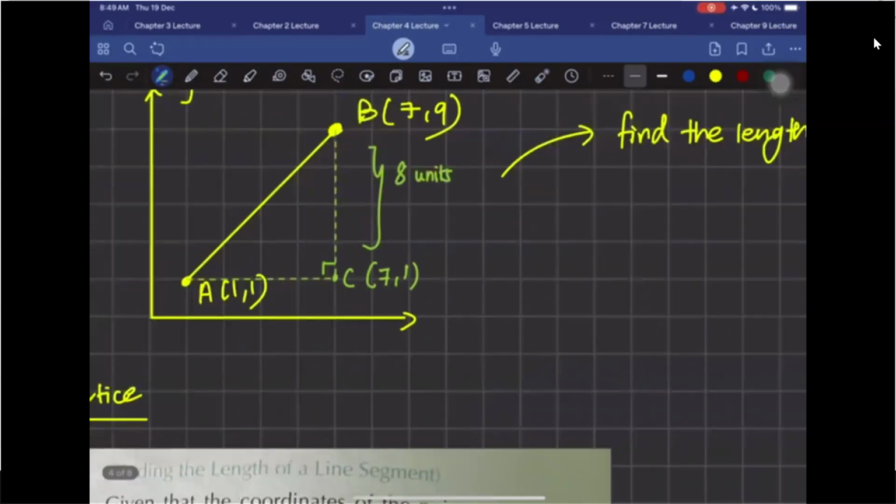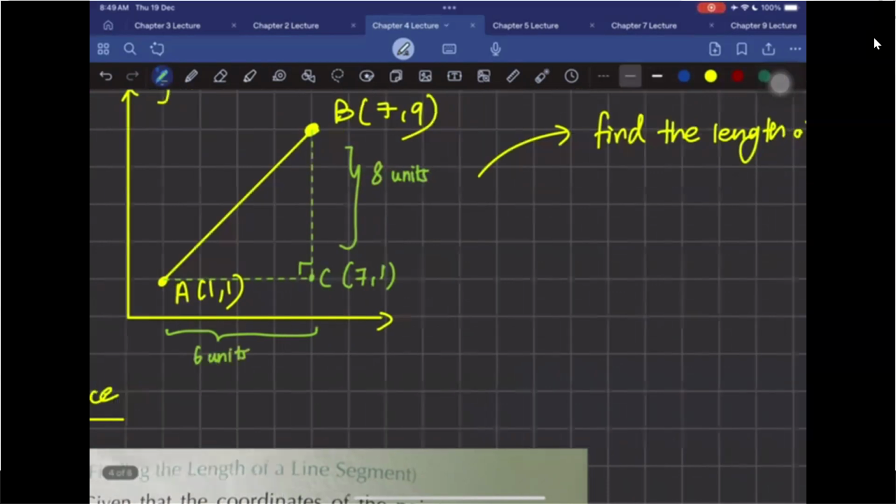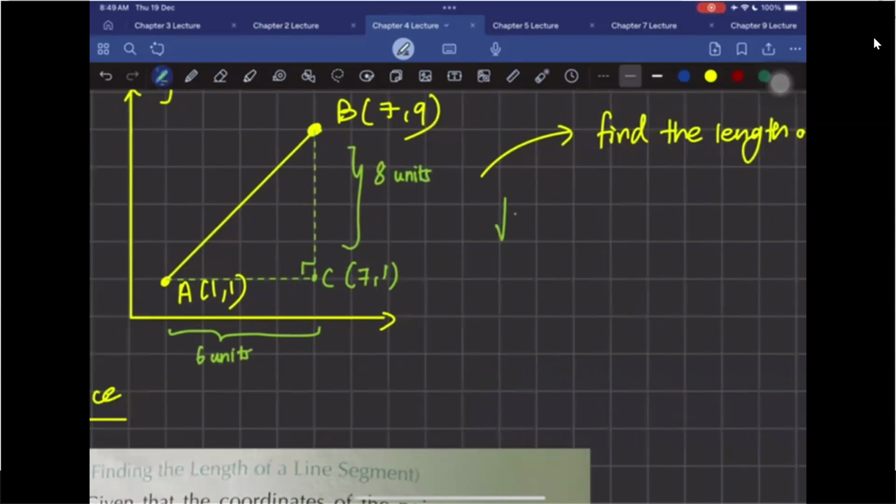Then if you calculate your distance between A and C, it's just the difference in your x coordinate because your y is the same. So it's just 1 minus 7, so it's 6 units. So your length of AB is essentially equals to square root of 8 squared plus 6 squared because this is a hypotenuse.